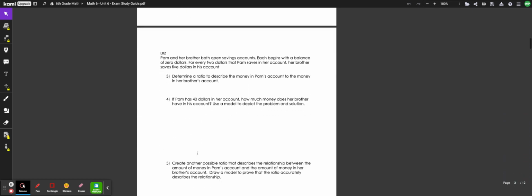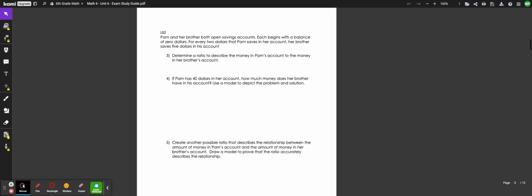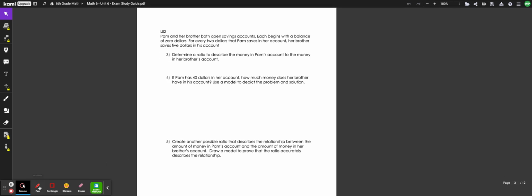The following question says, Pam and her brother both open up a savings account and each begin with a balance of $0. For every $2 that Pam saves in her account, her brother saves 5. So describe the ratio of Pam's account. So we have Pam, and then we have Pam's brother. We saw that for every $2 that Pam saved, the brother was able to save 5.